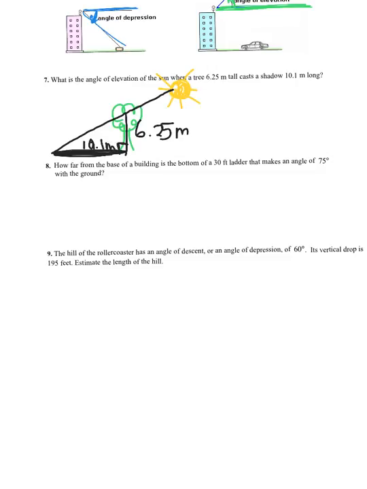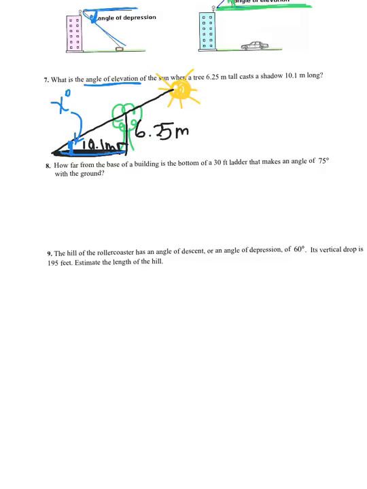Okay, and it says, what is the angle of elevation of the sun? So the question is, what angle are we looking for? If you remember, angle of elevation is always from a horizontal line. So there's our horizontal, and we want to go up to find that angle of elevation. So this angle right here is our x. That's what we're trying to find.